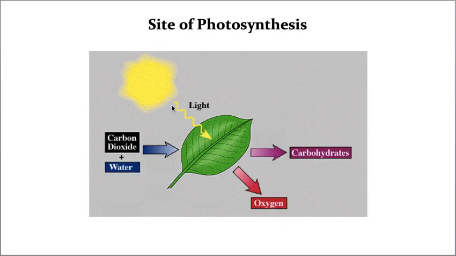In the presence of sunlight, carbon dioxide and water react with each other to produce the ultimate product, called a carbohydrate. Of course you know which carbohydrate is produced, that is glucose, and along with that some amount of oxygen and also some amount of water is released. So this is called photosynthesis.